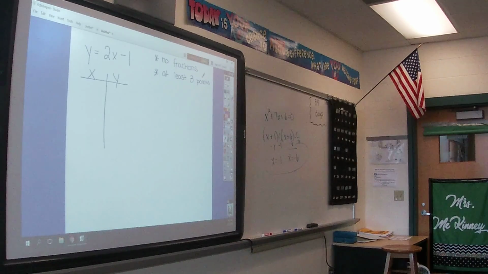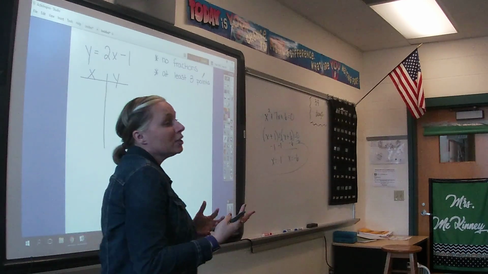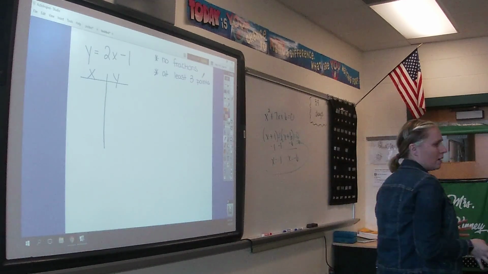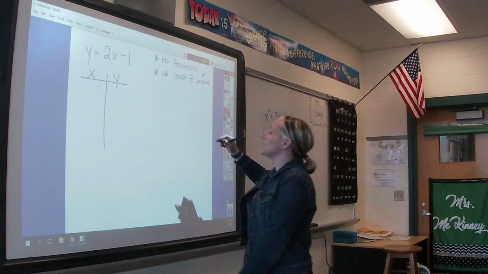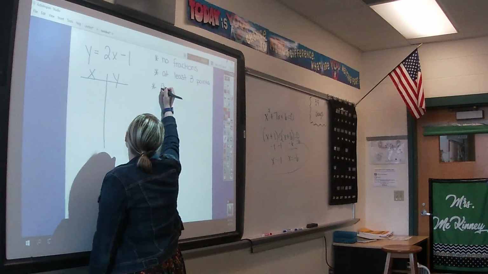Sometimes you might only need 2. But right now I don't want you to limit yourself to 2, or you might think that something is happening that's not really happening. As we get more information, we'll get better at narrowing down how many points we need. Our last rule is that they're going to have to fit on the graph.